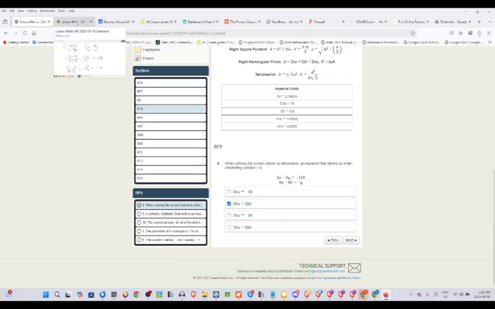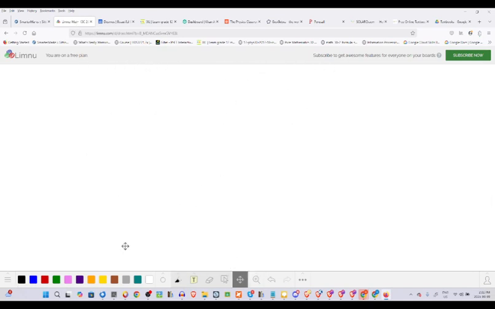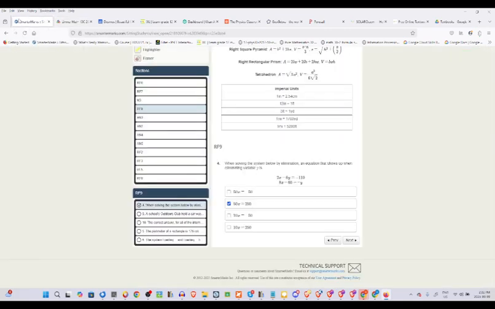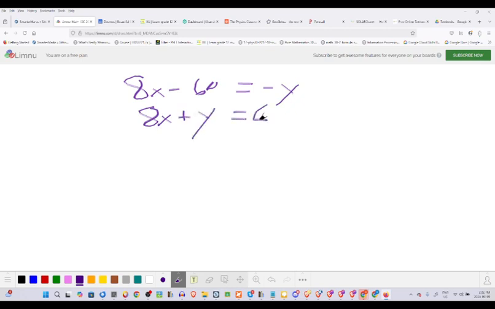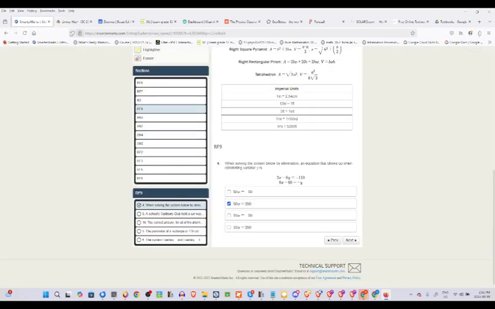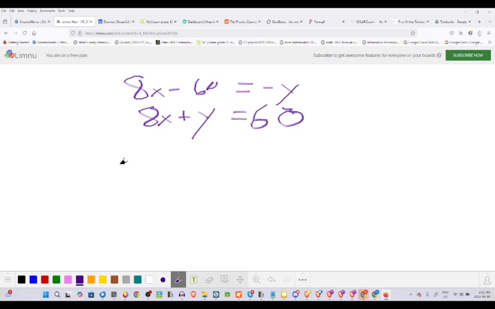Okay, I'm going to do this out so it's much easier to see and follow. So our first step is to take our 8x minus 60 minus y, well, minus 60 equals a minus y, I should say. If we add both 60 and y to both sides, we have an 8x plus y equals 60. Now if we're trying to eliminate y, when our other equation has a minus 6y, the easiest way to do that is to multiply this whole thing by 6.